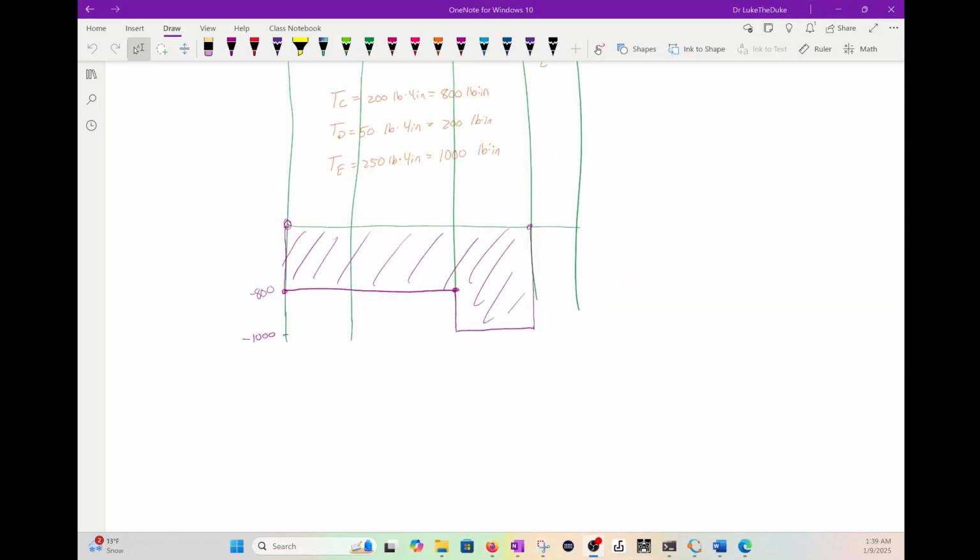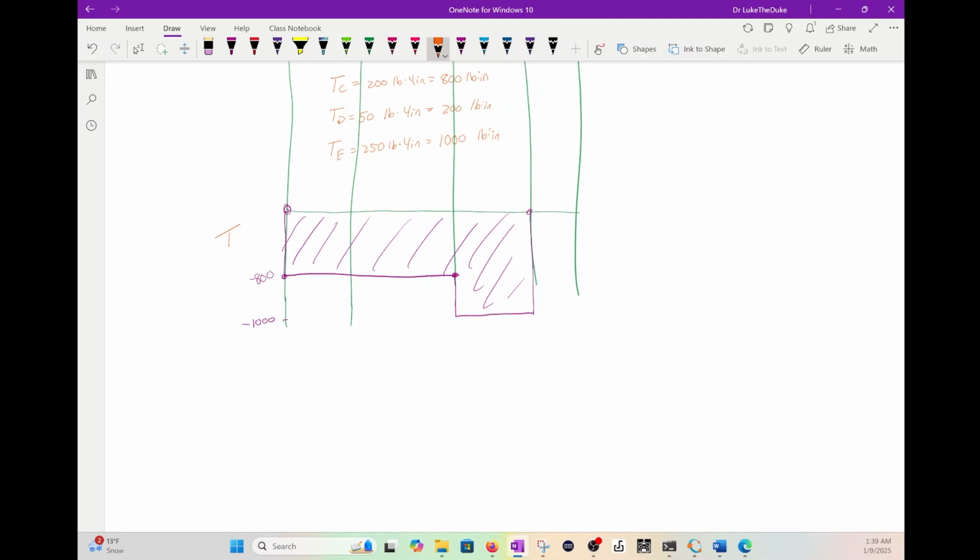Okay, now that we have the torque graph, let's go ahead and use the distortion energy theory and find our required diameter. Okay?